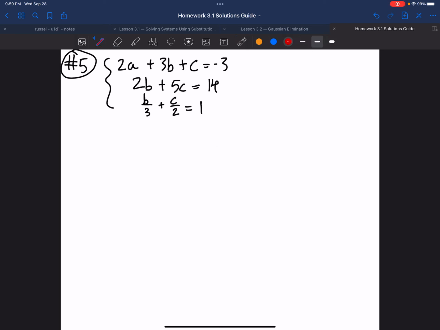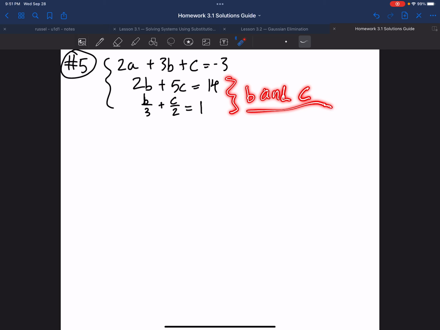Okay, so let's do something else, right? Let's solve for a different variable. Now, let's use this bottom equation because really, if you're viewing this, look, you've got B and you've got C. This is a 2 by 2.